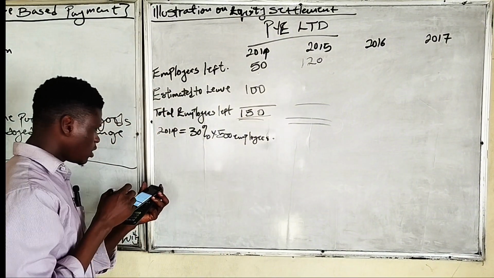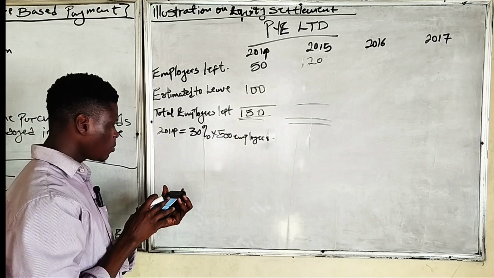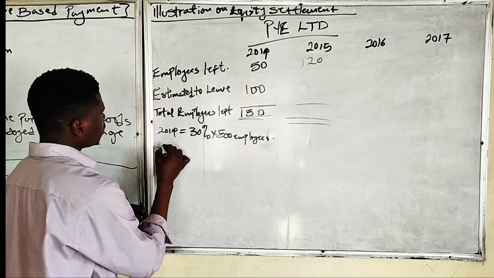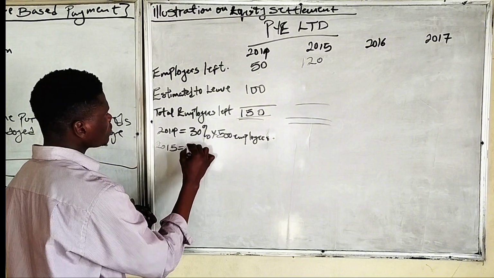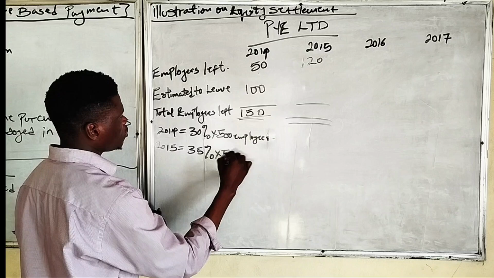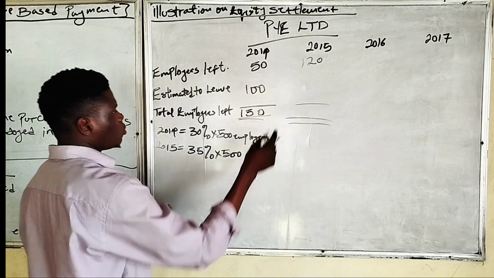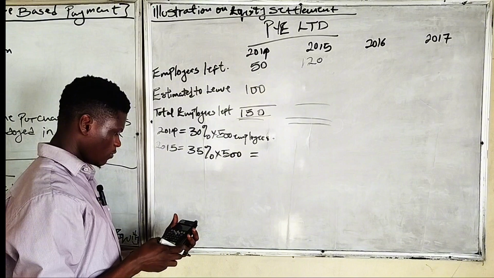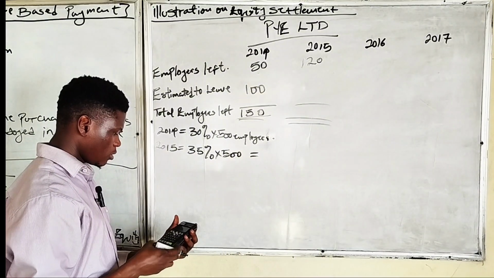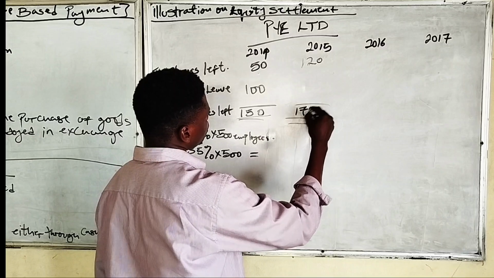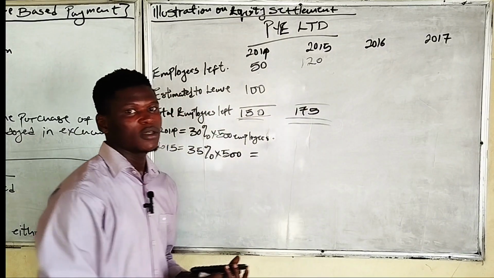The question also says that the company estimates that 35% of the employees will leave. So in 2015, 35% of 500 gives us 0.35 times 500. So 175 employees will leave in 2015.